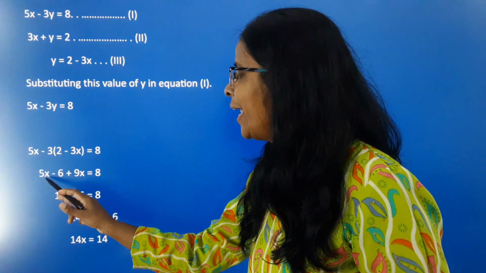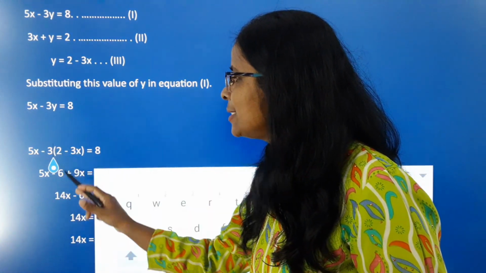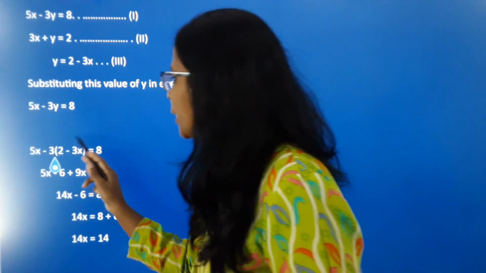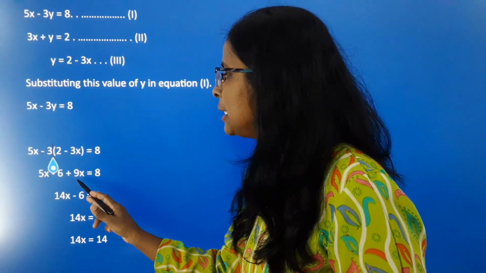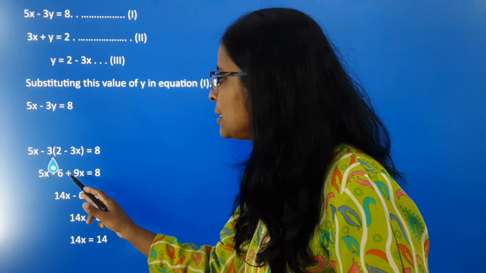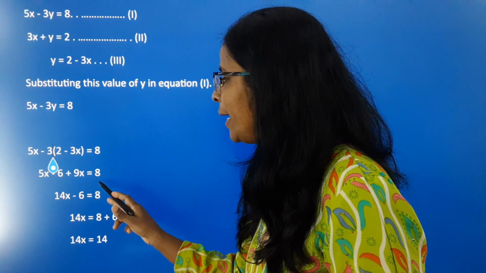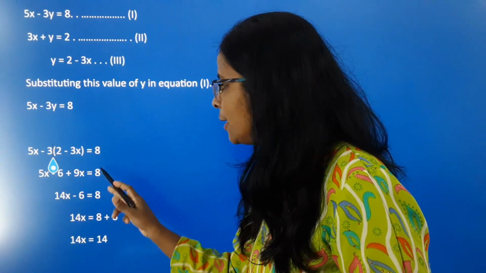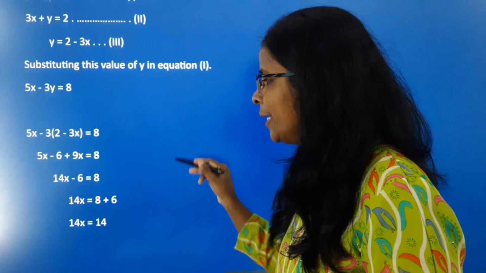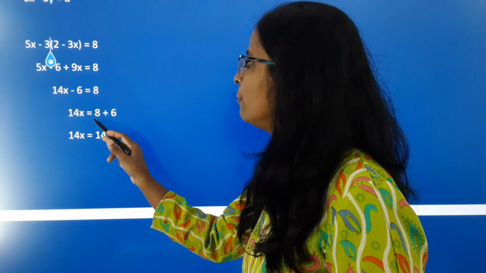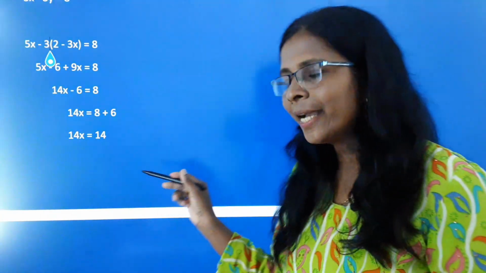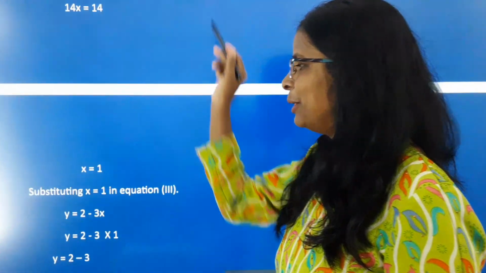So here 5x minus 3 2s are 6, and then minus 3 into minus 3x, that means 3 3s are 9x. So plus 9x, which is equal to 8. So 5x plus 9x, 14x, minus 6 is equal to 8, and then 14x is equal to 8 plus 6. So 14x is equal to 14, and that means x is equal to 1.